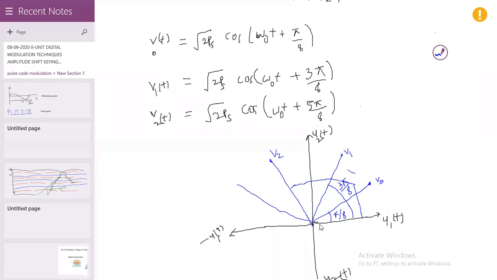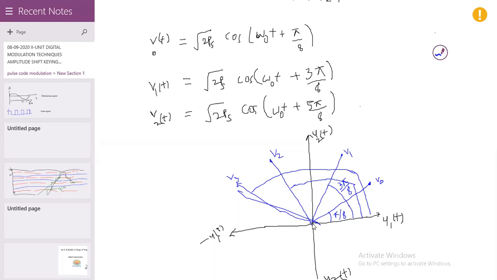V3 is also in the second quadrant, I think. This is V3, draw a single line. What is the angle? 7 pi by 8? This is 7 pi by 8, and this is 5 pi by 8.